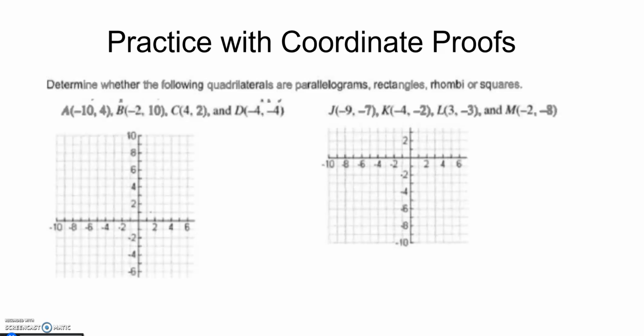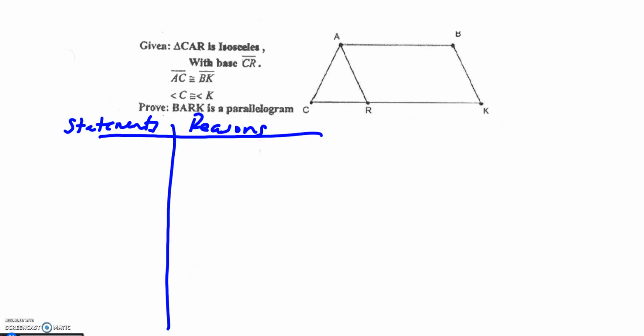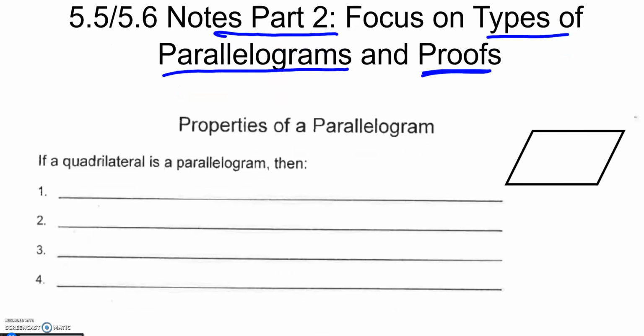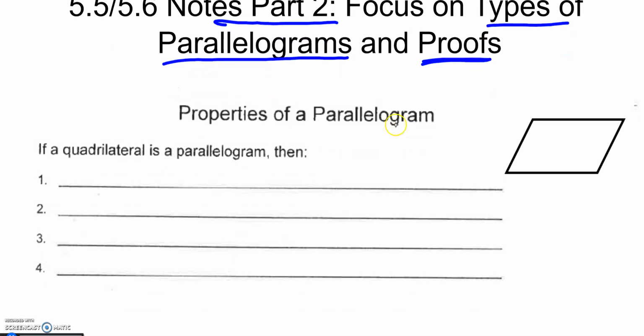here we're going to be mainly using this type of proof to prove squares, rectangles, and the rhombus, versus a proof with a two-column. We're going to prove a parallelogram. But before we get into any of that, let's talk about the properties of a parallelogram that we've talked about this week, just to be formalized. If a quadrilateral is a parallelogram, then what is true?